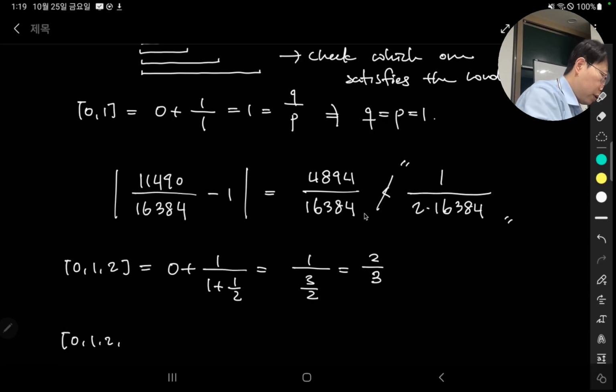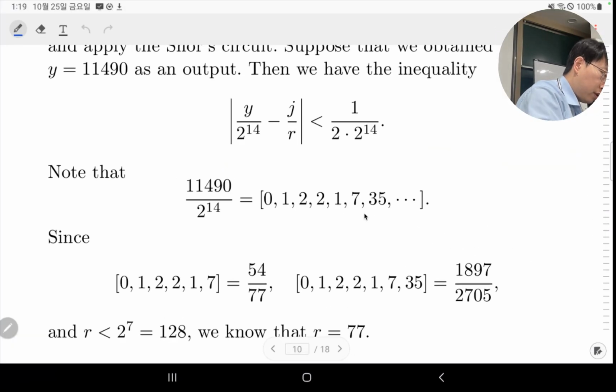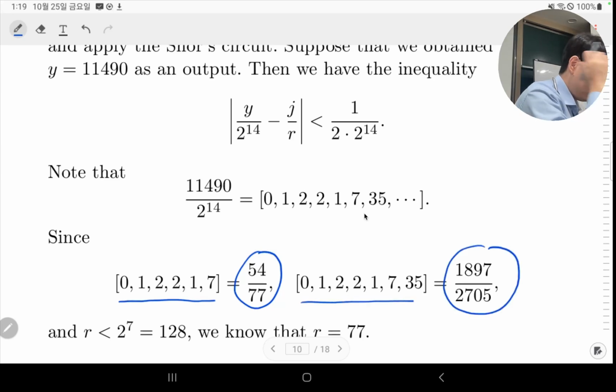1, 2, let's see, just cheat a little bit here. So if I go up to here, I get 54 over 77. If I go up one more step, then I get this. Okay. Now, so far, when I have these as my q over p, then r equals 77.